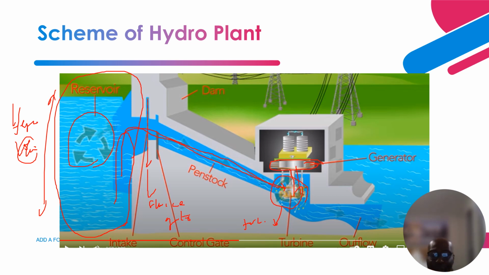So hydro generators are vertically mounted, because of the nature of the way the energy source flows in towards the turbine. So it has to be vertically mounted. Most of them, I'm yet to see one that has a horizontally mounted generator.